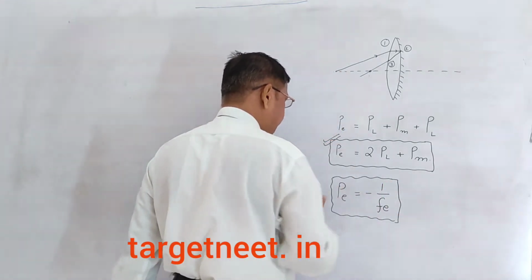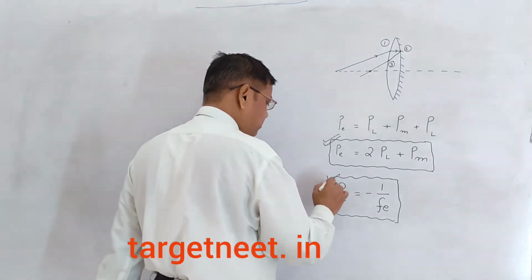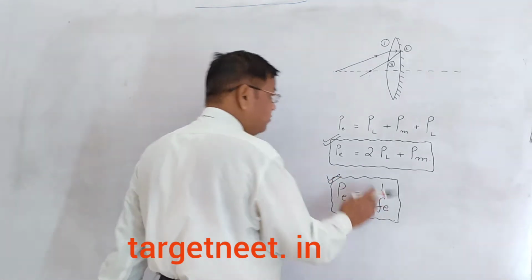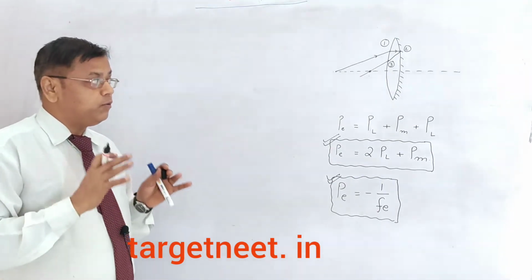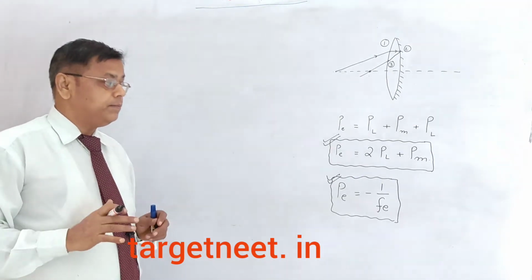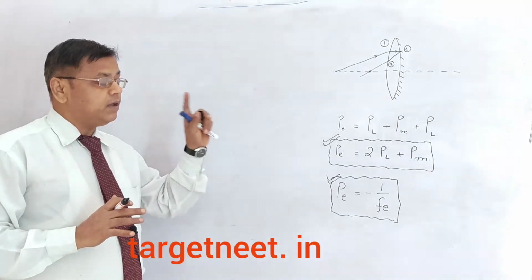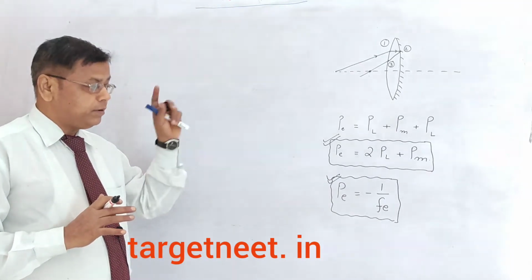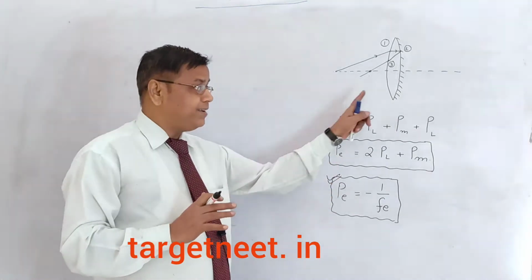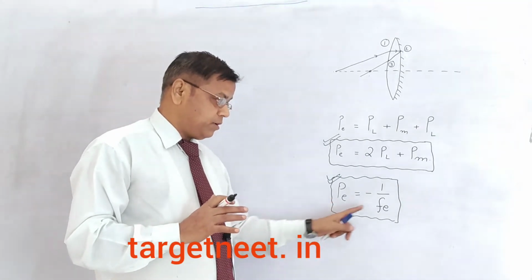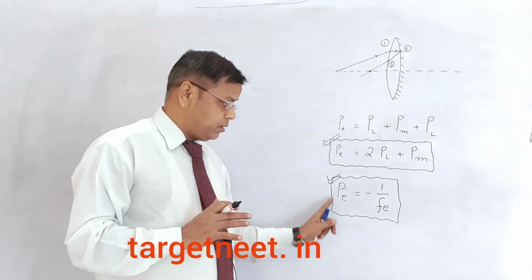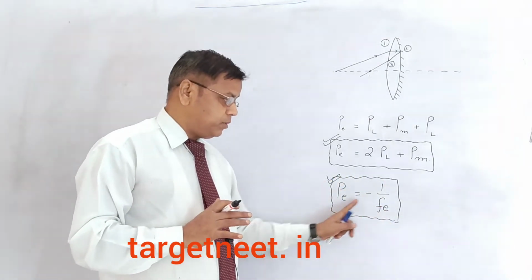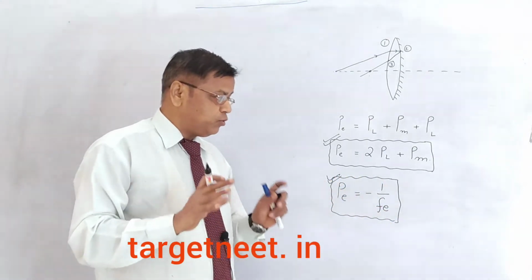First find the effective power, and then from it find the effective focal length of the mirror. A silvered lens always behaves like a mirror, so the effective power and effective focal length are related by this relation, with the negative sign. Remember this.